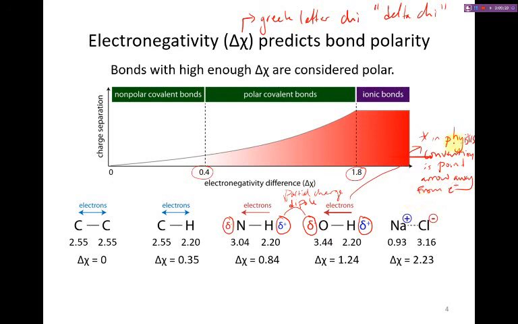In chemistry, we point it to the electrons, the more electronegative element. And above the second threshold, approximately 1.8 delta chi, these atoms tend to completely exchange electrons and form ionic bonds. And there's a large difference in electronegativity between those elements.